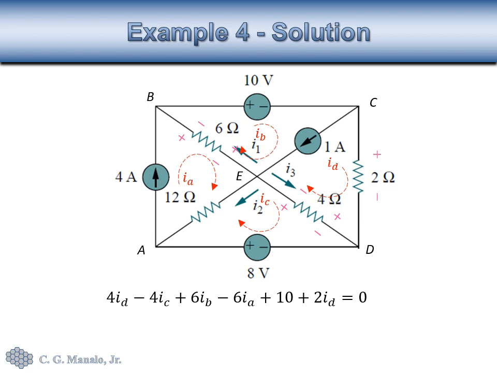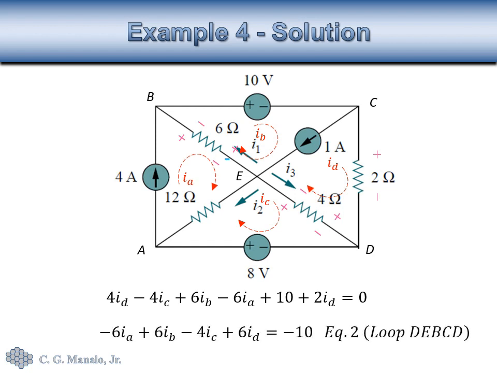So starting from the 6 ohms, for example, that equation would be this one. This drop is due to the loop current I sub A, and that would be minus 6 IA, plus 6 IB.